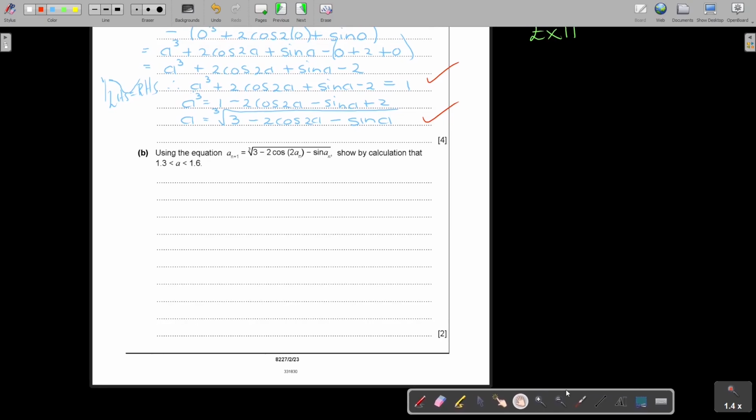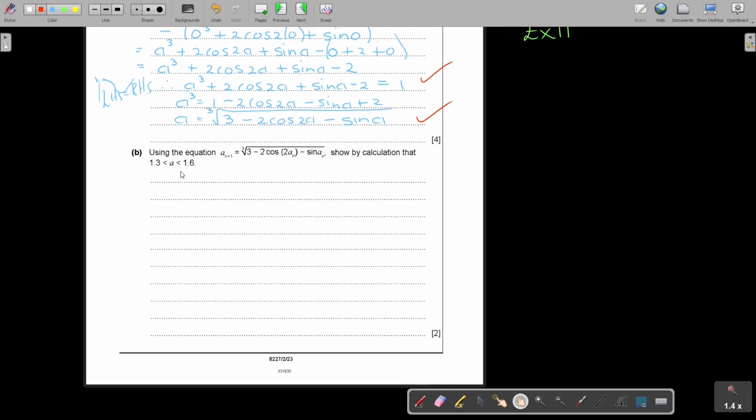Using the equation a n minus 1, and then they give you, show by calculation that a is between 1.3 and 1.6. Now, as soon as you see they do this, what bell rings in your mind? Where do you think we are now in the mathematics textbook?